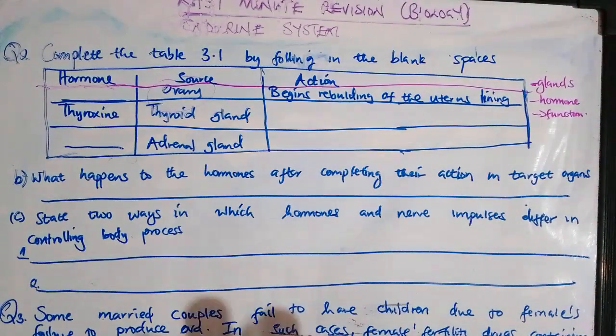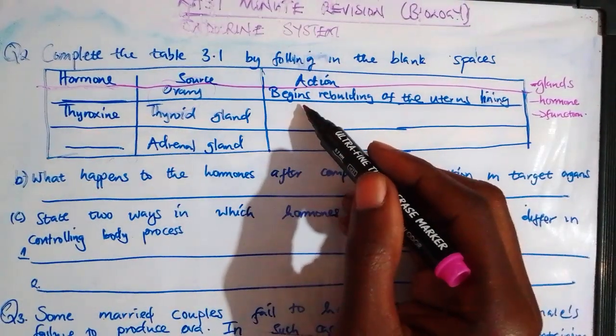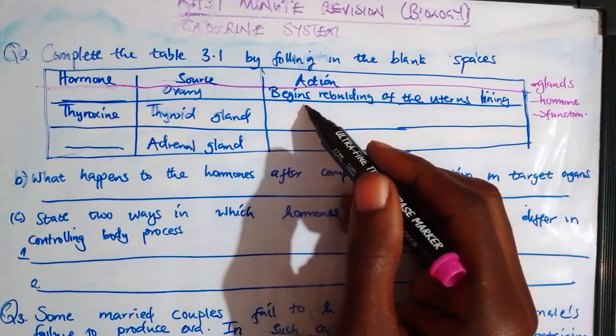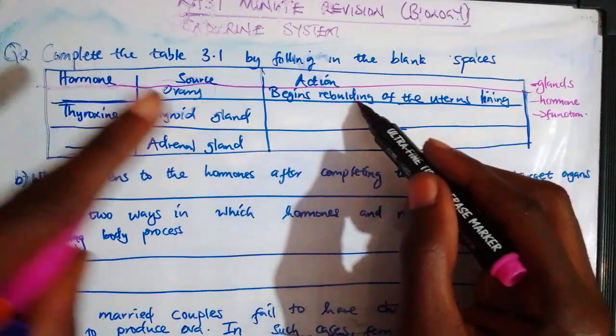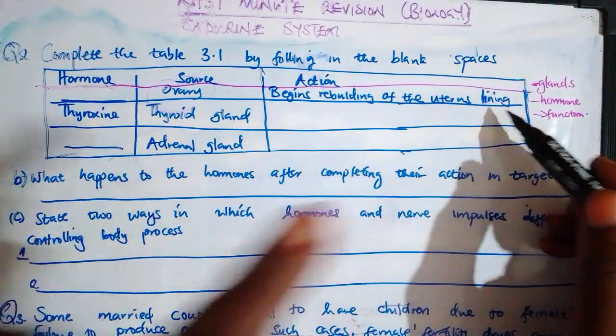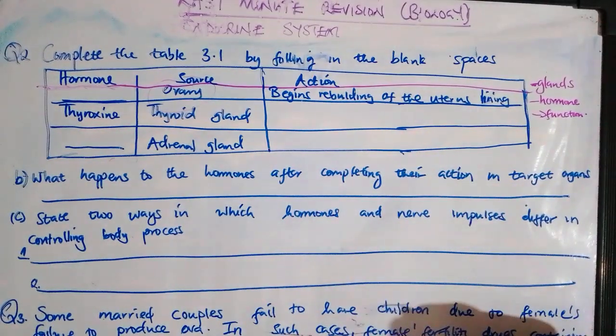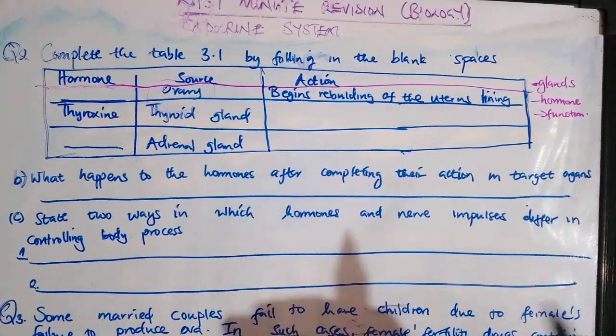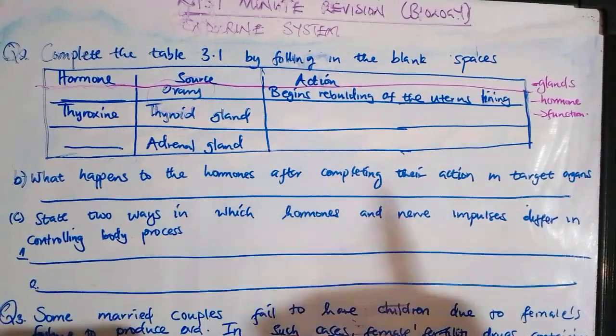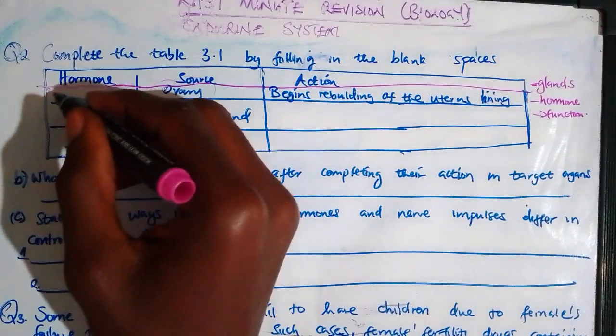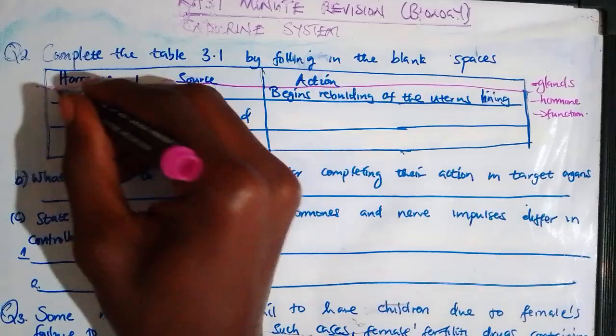So now you have to come here. What is the function of that hormone? Begins rebuilding of the lining of the uterus. So once you hear that, oh, it is the rebuilding of the lining of the uterus, meaning it is estrogen. So here you write estrogen.